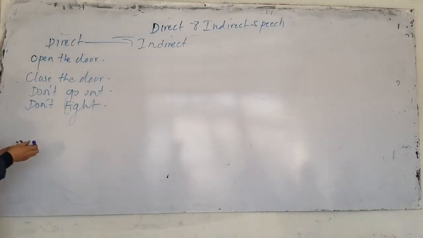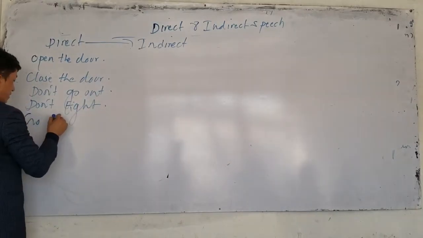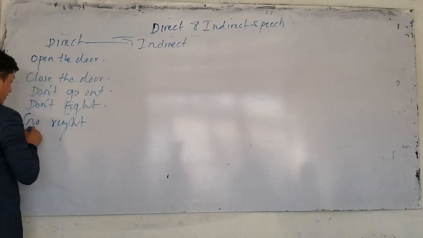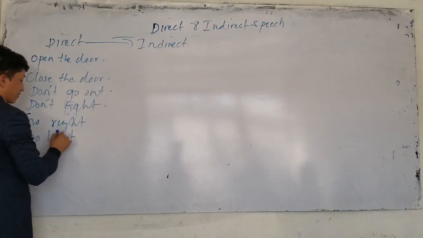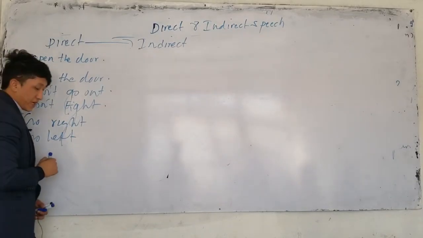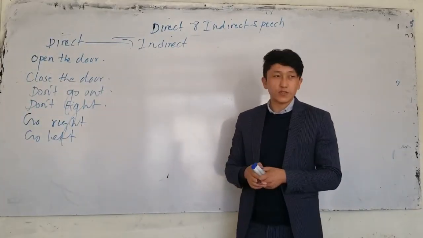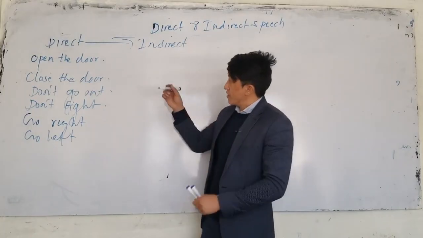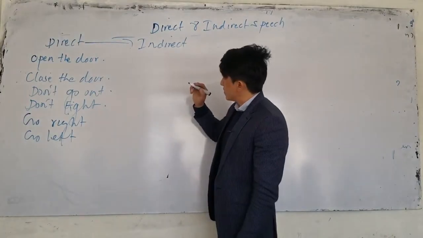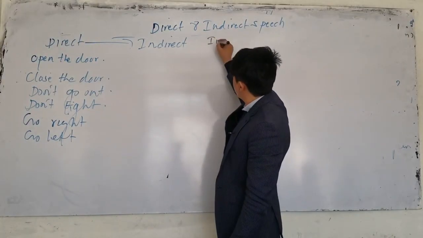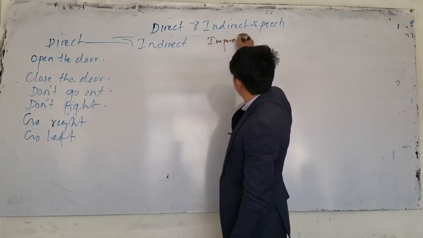Or if somebody says, for example, go right. Or if somebody says, go left. Now here, if you have imperative sentences, how can you change them to what speech? To indirect speech.